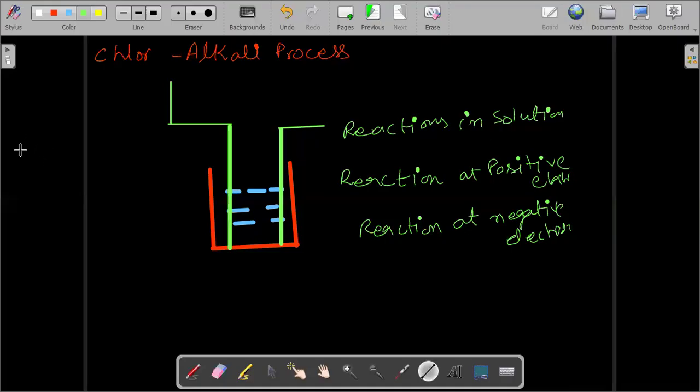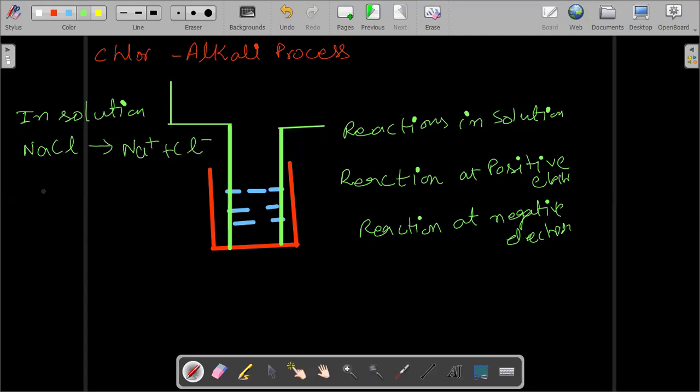So we will be writing the reaction in the solution. In the solution, you have NaCl being converted, giving ions as Na+ and Cl-. Then we have water splitting up to give H+ ions and hydroxide ions.